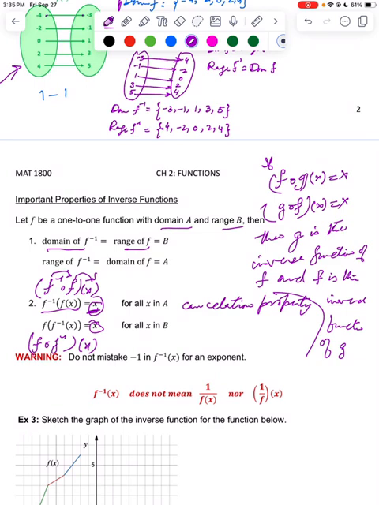So we say that f and g are inverse functions of each other.